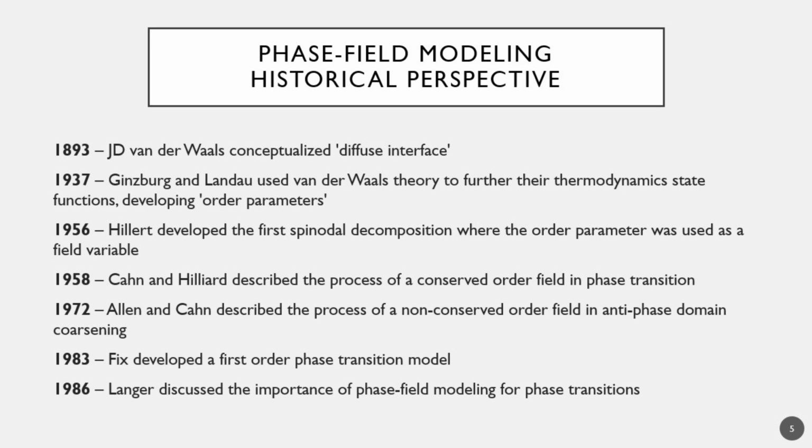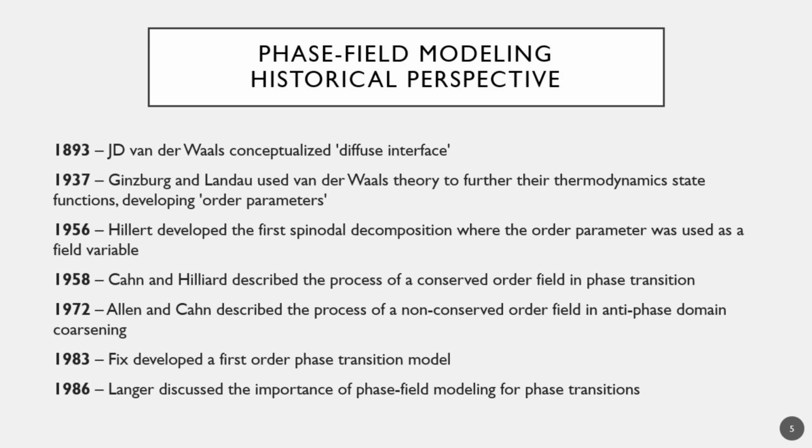In the 1950s, Hillard applied the concept to spinodal decomposition using the order parameter as a field variable that could describe microstructural evolution in alloys. Kahn and Hillard followed soon after with their formulation of the conserved order parameter dynamics, capturing phase separation in binary mixtures. Then came Allen and Kahn in 1972, who looked at systems with non-conserved order parameters, such as antiphase domain coarsening.